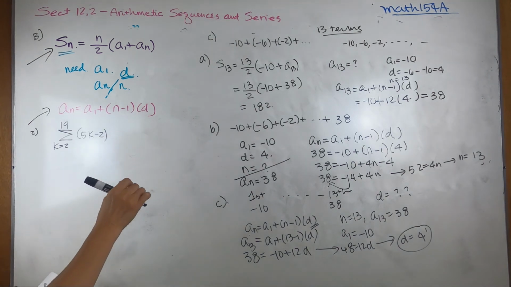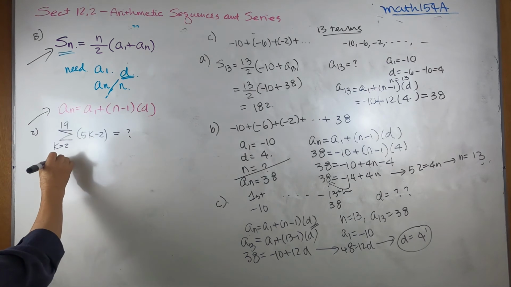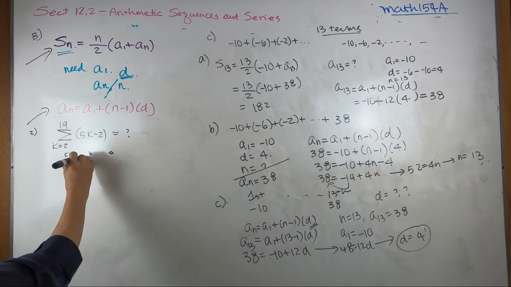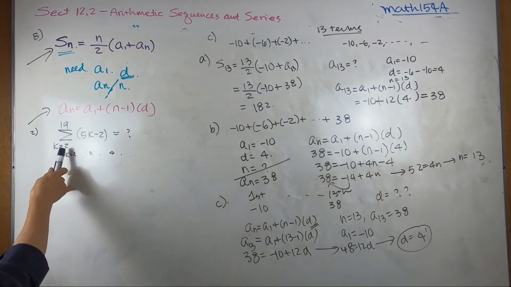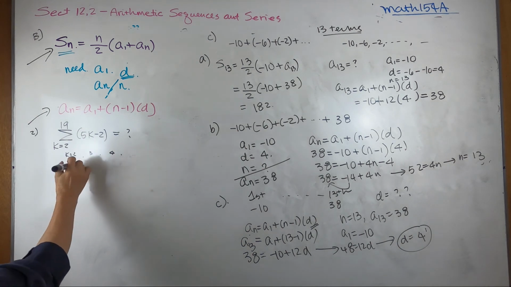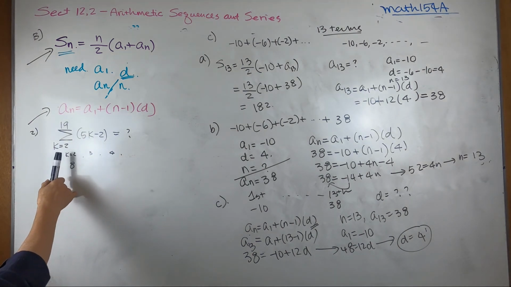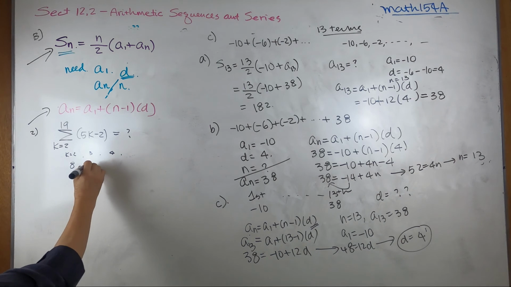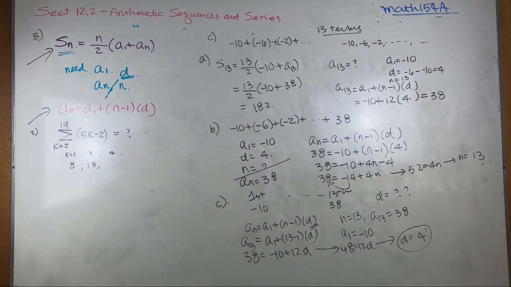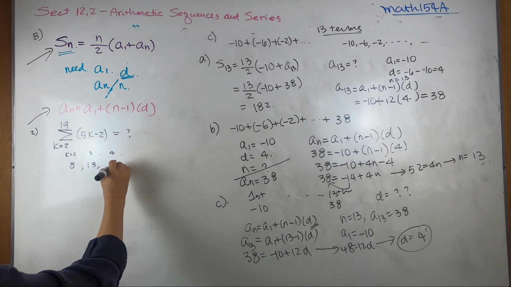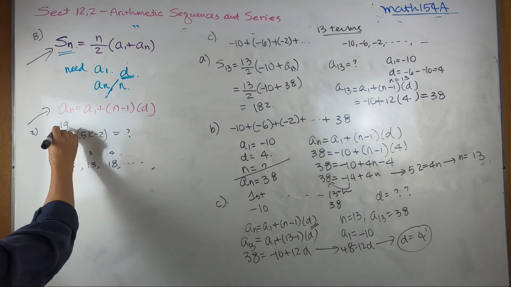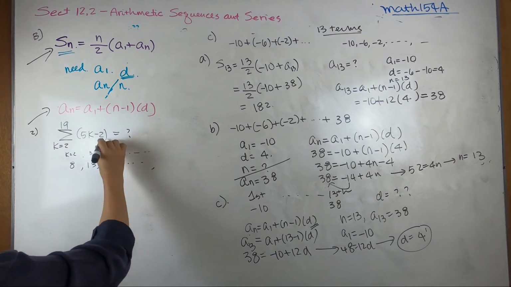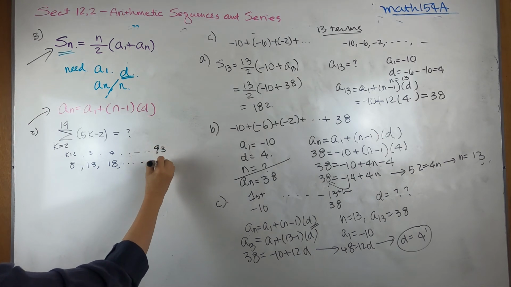We need to find this. Actually, you just plug in, starting from 2, 3, 4, all that, right? When you plug in 2, 2 times 5 minus 2 is 8, right? Then the second term, k is 3, 5 times 3 is 15 minus 2 is 13, right? The fourth term will be 18, this way. All the way to the 19th term, 19 times 5 is 95 minus 2 is 93, all the way to 93.